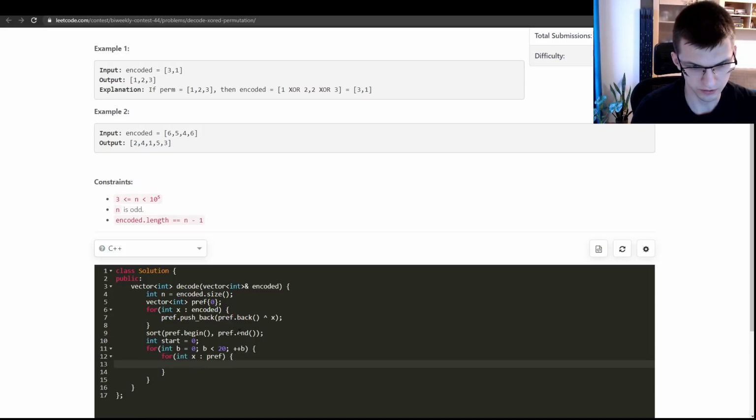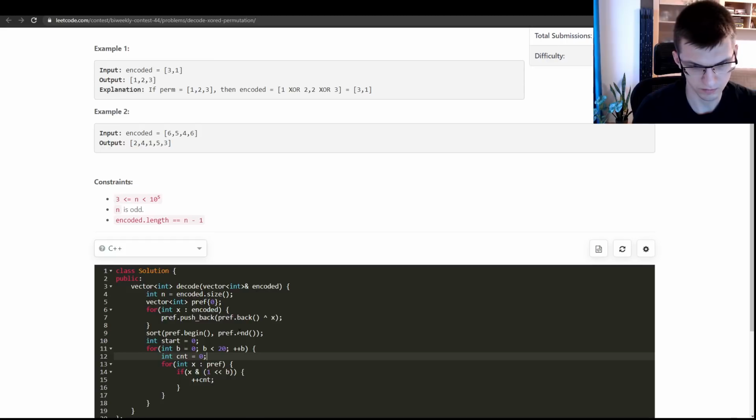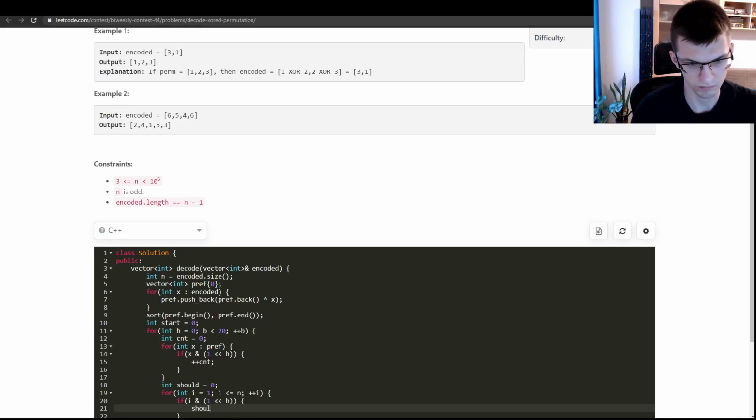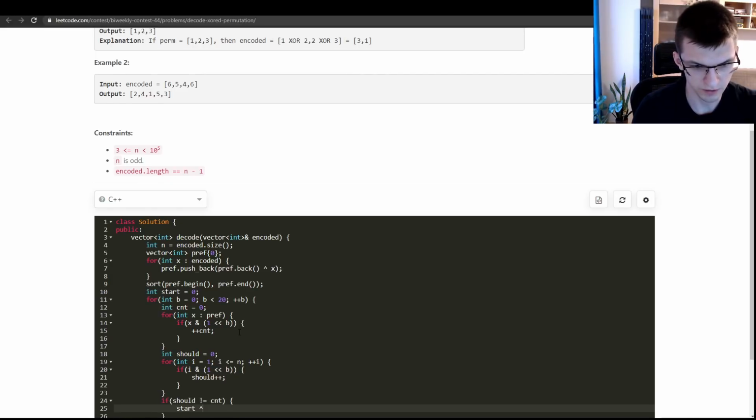Here, count in prefix and how it should be. Should is different than count, then this, I believe.